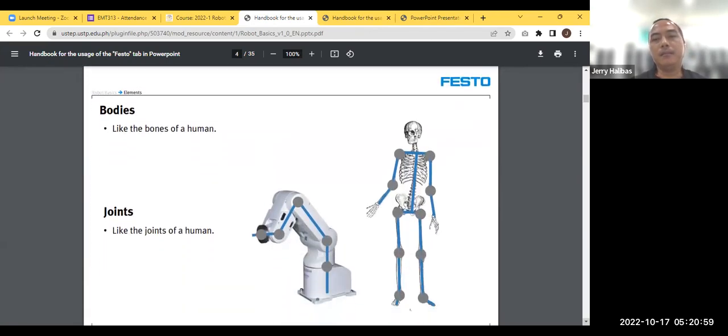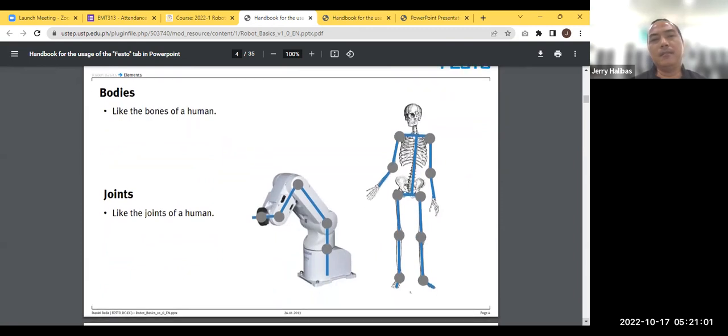Okay, so the industrial robot is inspired from the bodies of humans. In fact, the human has the most complex joint system as compared to the industrial robot.